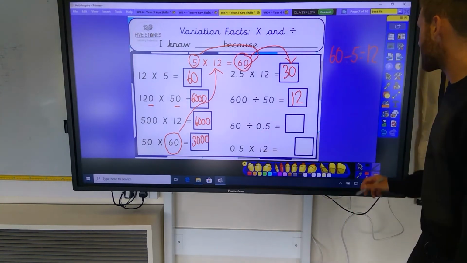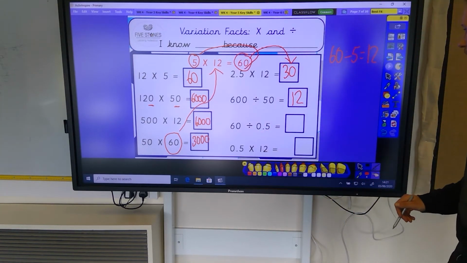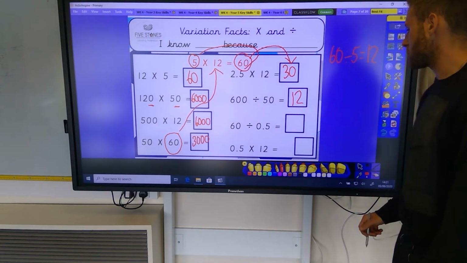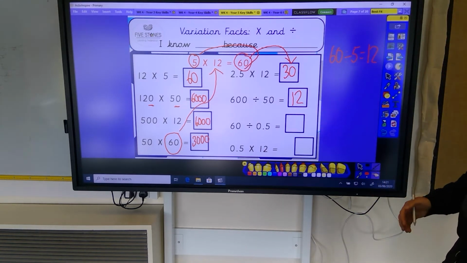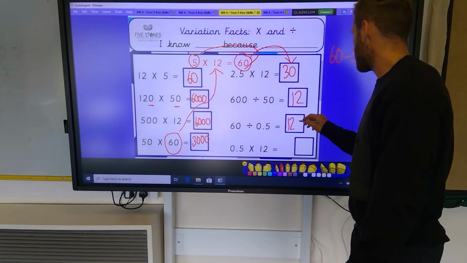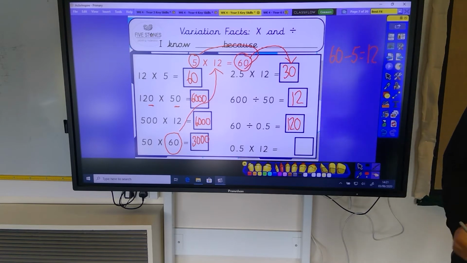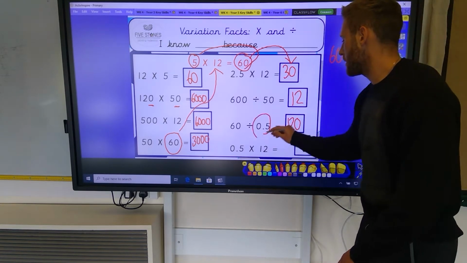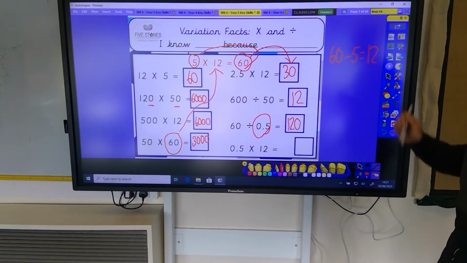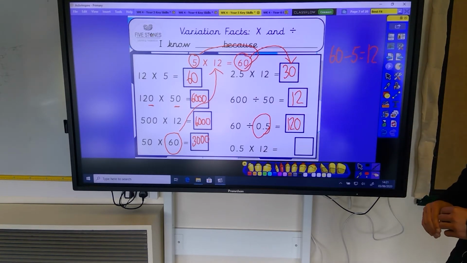Then we've got 60 divided by 0.5. So what's happened? We've actually divided by something that is 10 times less. So we're no longer just 12, we need to go 10 times more, because this value here is 10 times less, meaning our quotient is 10 times more.